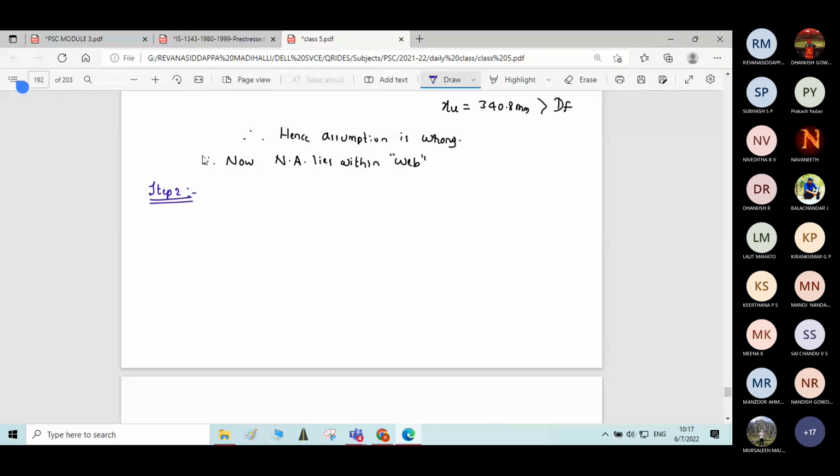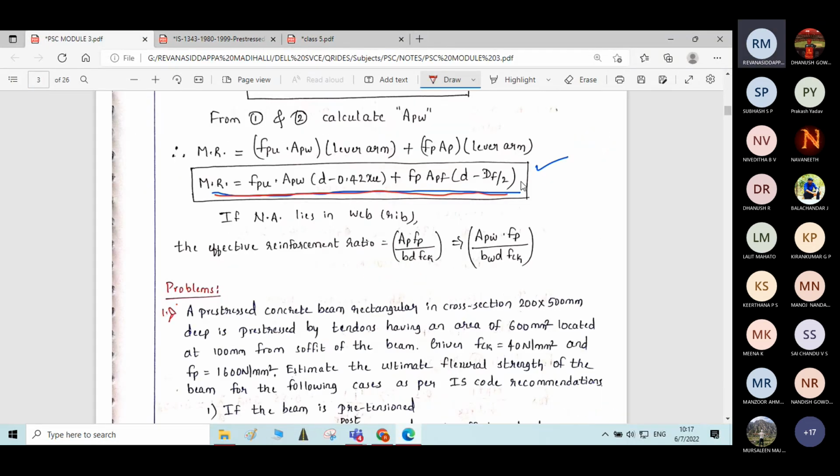Step 2. Now, you need to utilize this formula to find the moment of resistance.